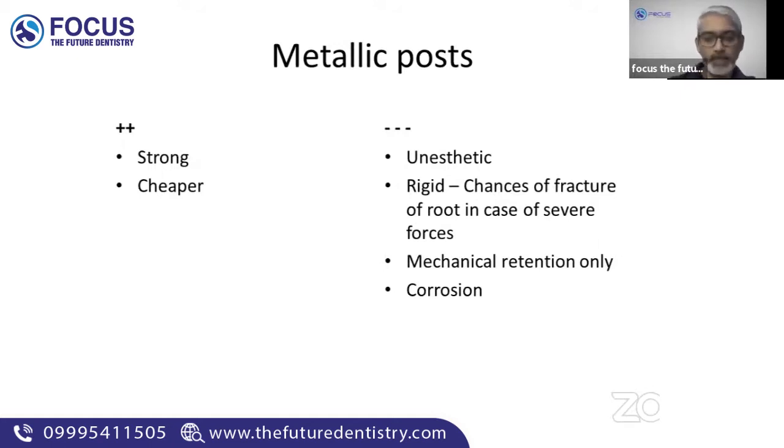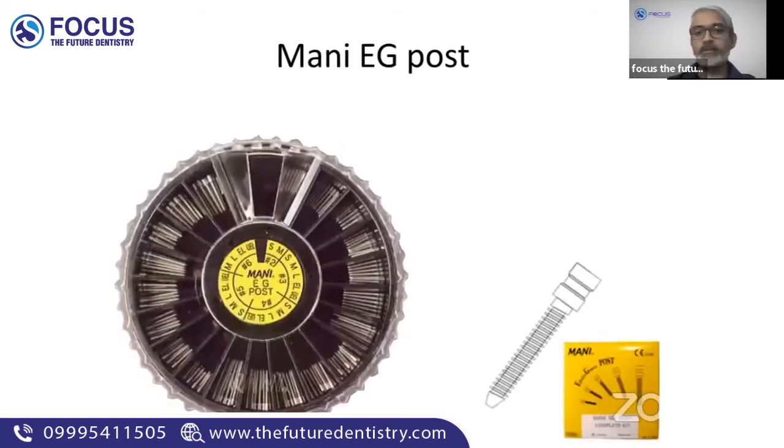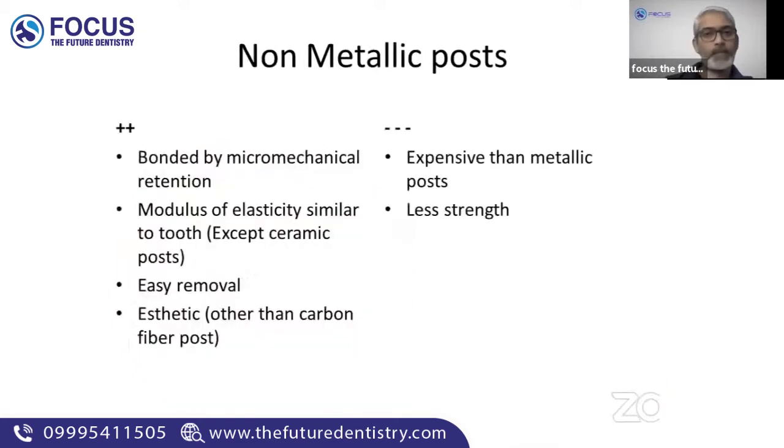And most importantly, they are very rigid, not resilient. So there are chances of fracture of the root in case of a severe force coming in. They have only mechanical retention, and they can corrode anytime. That is another problem. An example is this: your Monarch company has the ParaPost, and this is an example of a metallic post.